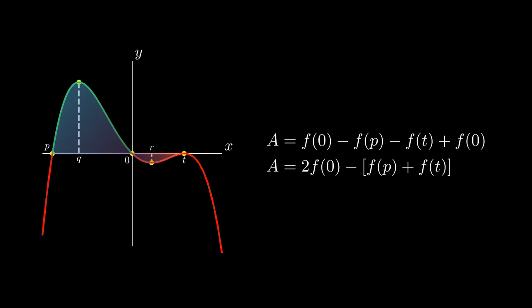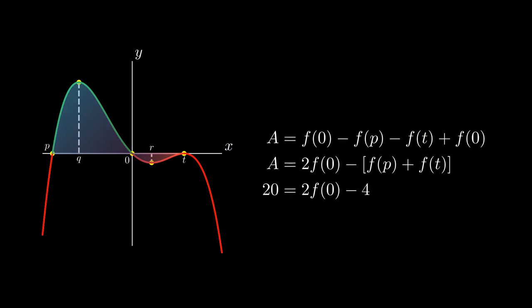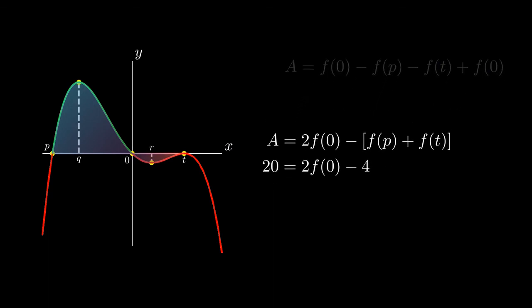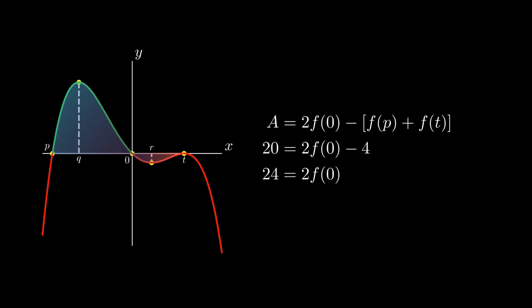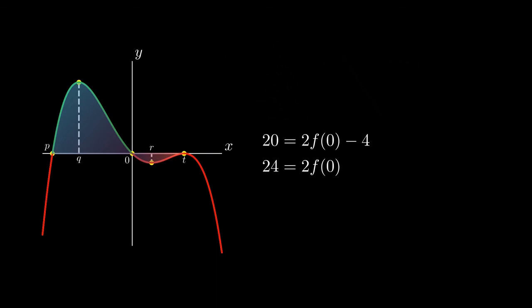And we know the area. So we have enough now to solve for f of 0. We've got 20 there, 4 there. Then we just solve for f of 0. Add 4. Divide by 2. Finito, guys. That's it.